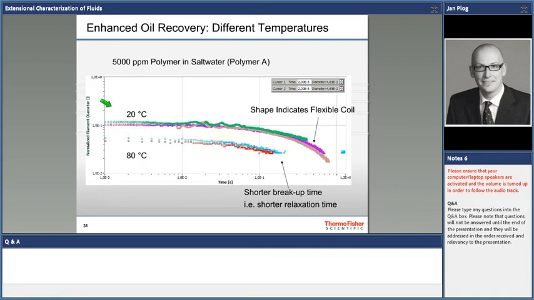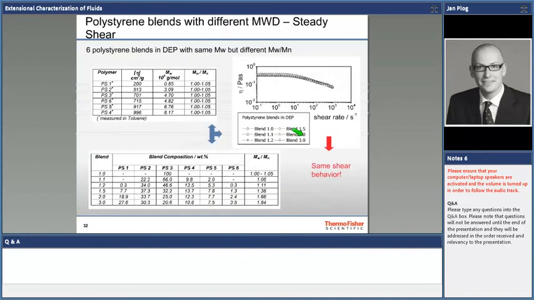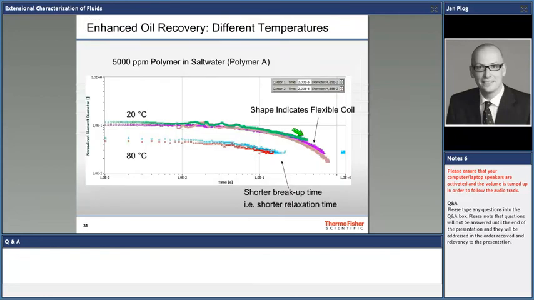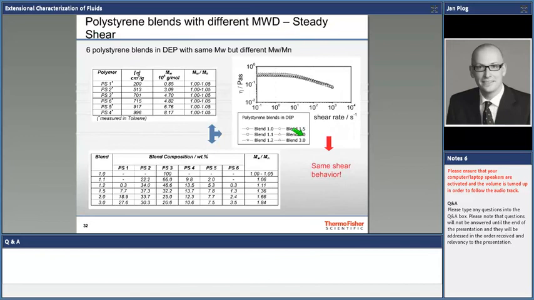And what you see here, we tested a specific polymer in 5,000 ppm concentration in saltwater brines. And what you see here is that depending on the temperature, the flexible coils show, of course, much shorter relaxation times. Okay, so you can actually model the behavior of your systems in the reservoir on the CaBER.